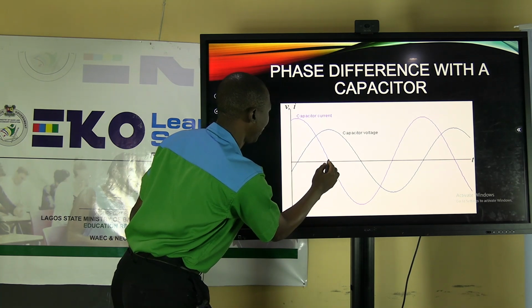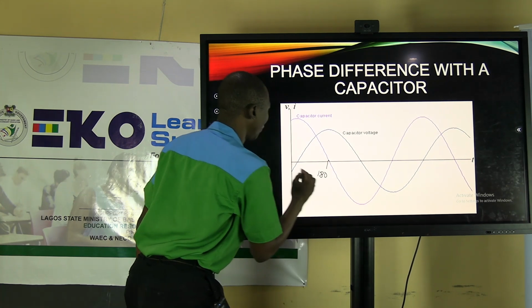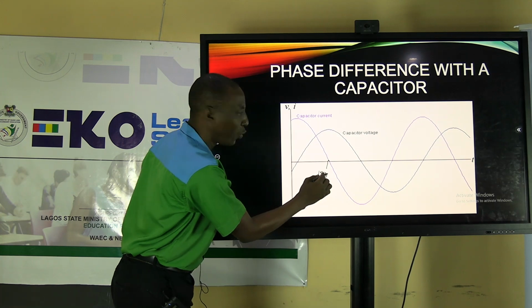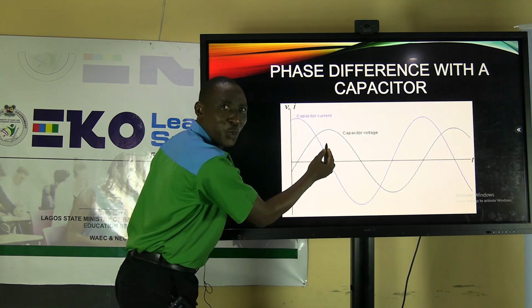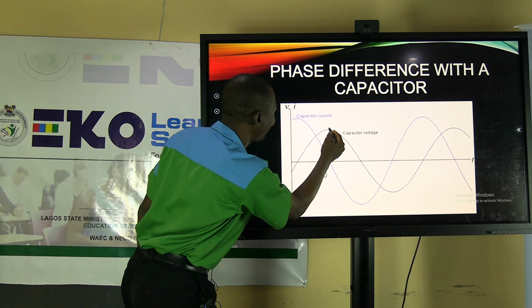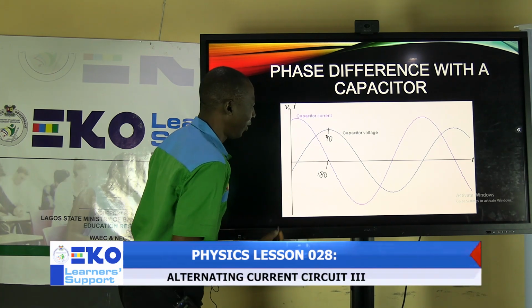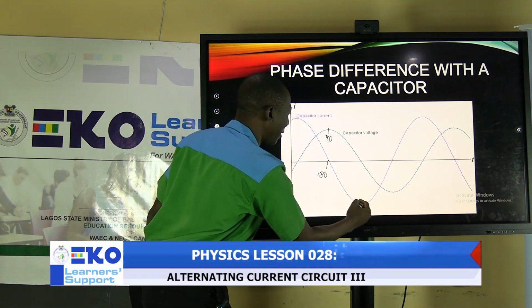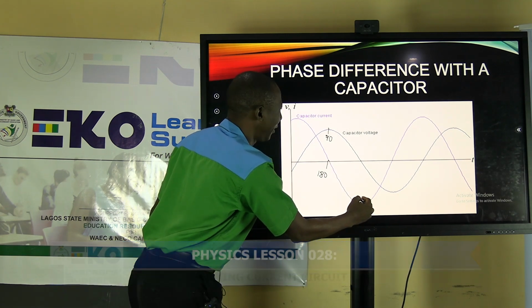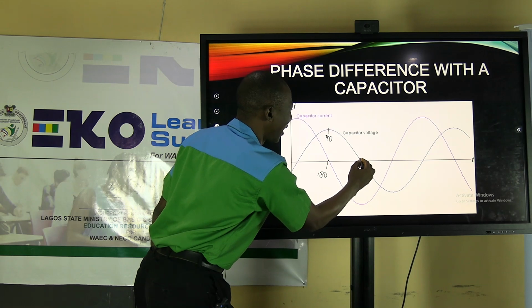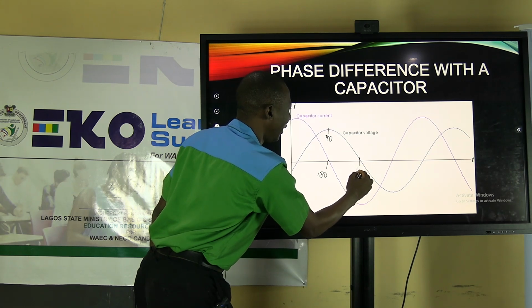This is 180. When the current is 180 here, the value of voltage is still at 90. In other words, when it moves and becomes 270, the voltage is now at 180.